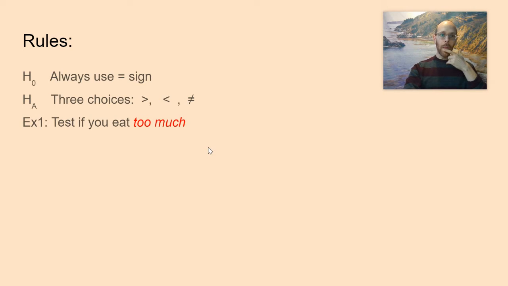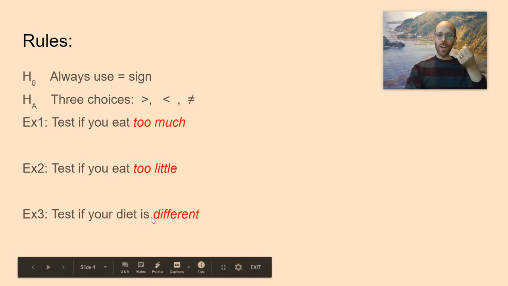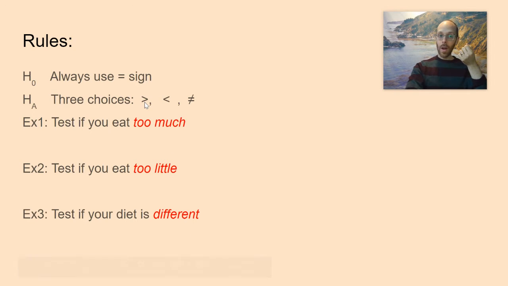Okay, so one thing that we might test that we've already talked about is that you eat too much. But another thing that we could test is that you eat too little. And a third thing that we could test is that your diet is just different. Well, these three situations, too much, too little, and different, they correspond to the three kinds of alternative hypotheses that we could have: greater than, less than, or different.